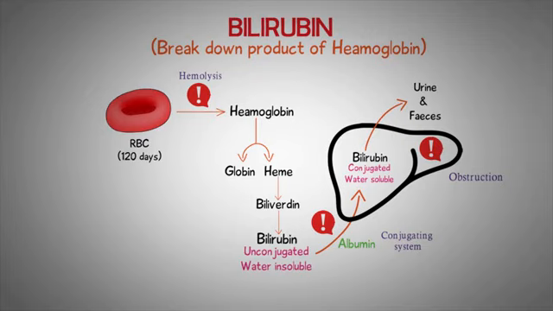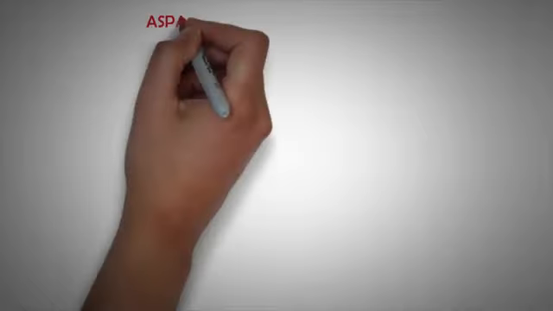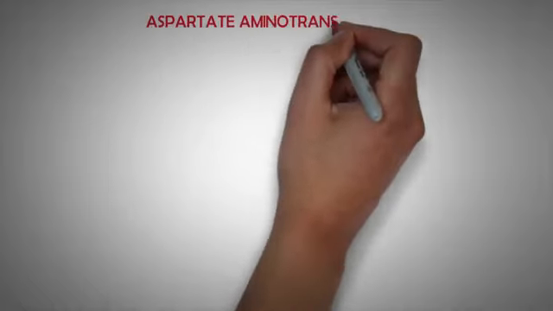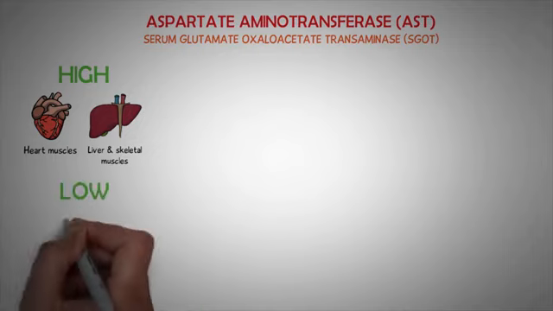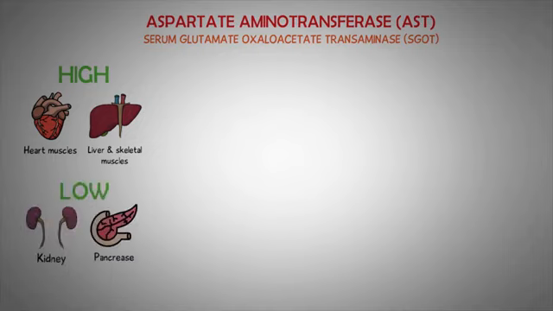Our next biochemical parameter or test is AST, aspartate aminotransferase. AST was previously called SGOT, serum glutamate oxaloacetate transaminase. AST is high in heart muscles, liver, skeletal muscles, but low in kidney, pancreas, and RBCs.